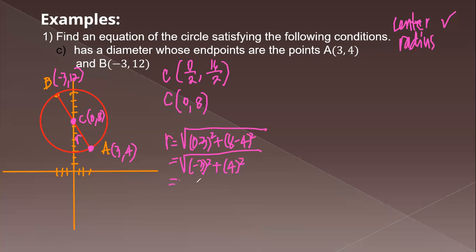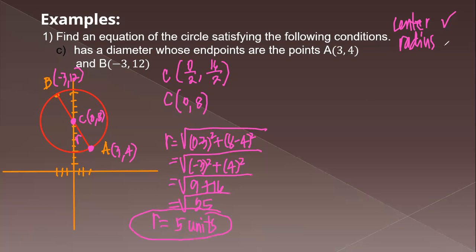So that is the square root of negative 3 squared, which is 9, plus 4 squared, which is 16. So that is the square root of 25. So what is our radius? The square root of 25 is positive 5 units. So our radius here is 5 units.